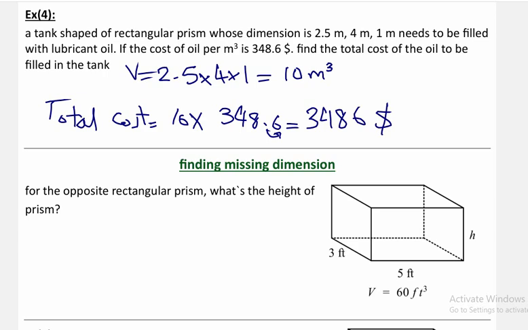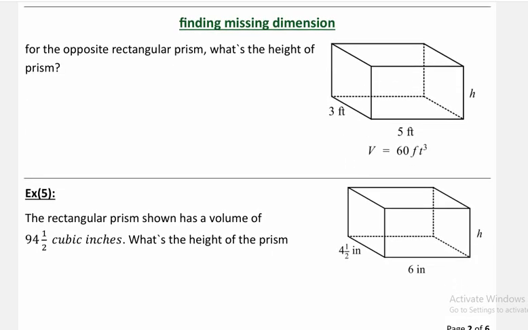Okay, the last two examples. For the rectangular prism, what is the height of the prism? Now you have the volume. You have 2 of the 3 dimensions, and you are missing one. How can you calculate this missing dimension?